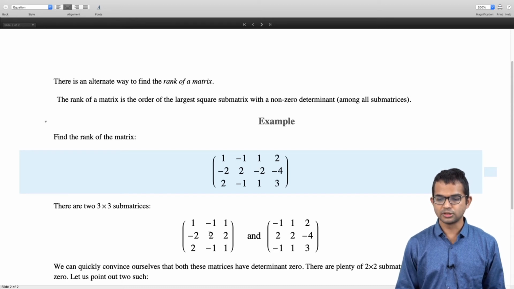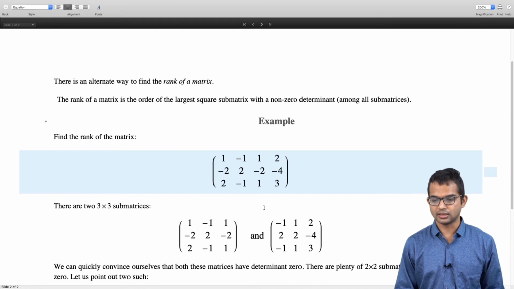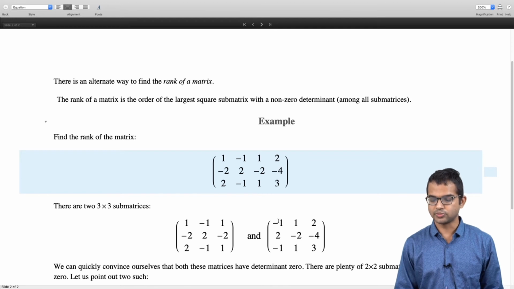I want to arrange it so that the second row is a multiple of the first row, just to illustrate that it doesn't have rank 3. If I do -1 times -2, I get this, and so on.